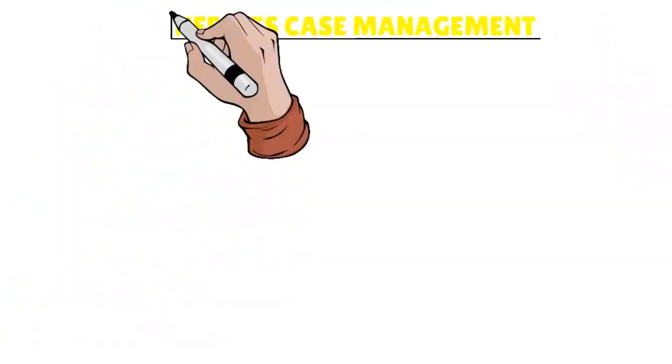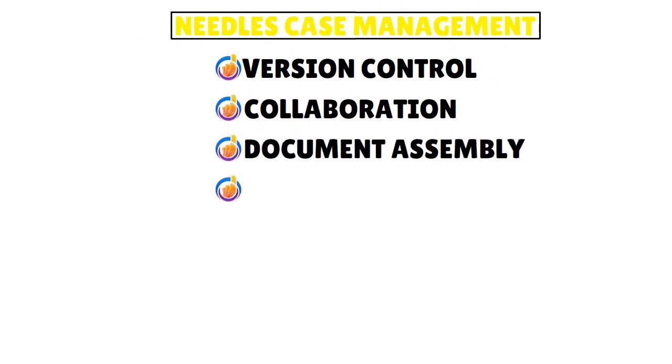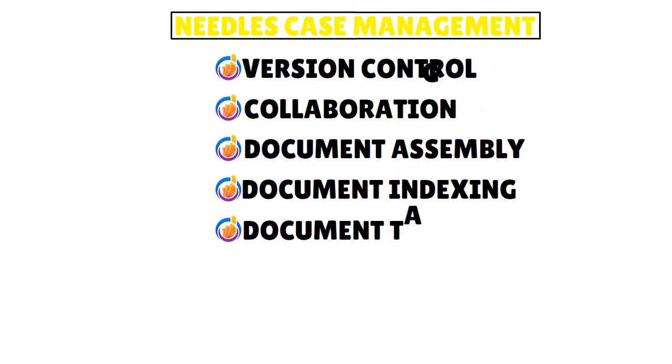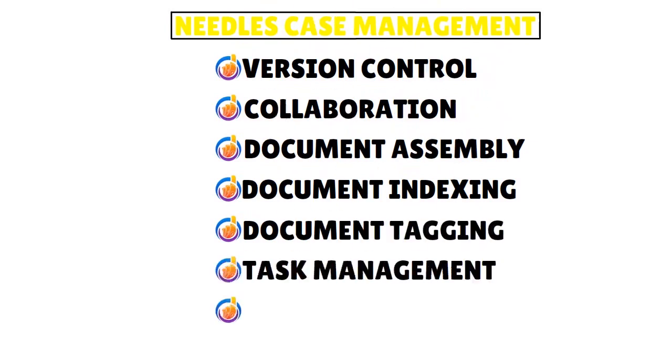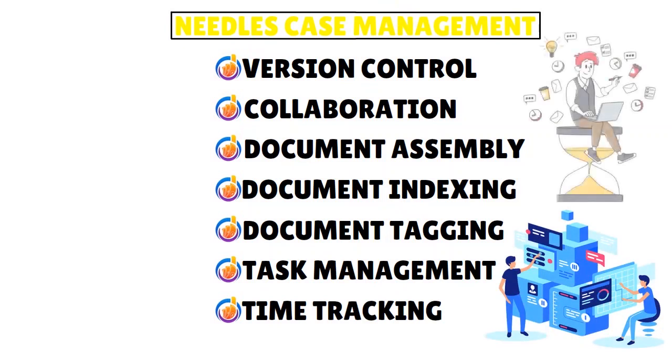When you think about Needles case management, you got to think about version control, collaboration, document assembly, document indexing, document tagging, task management, and time tracking. Okay, it's really important to understand that when it comes to features, they're pretty much the same, right? But the thing is that Needles case management seems to have a more robust ecosystem of primary and secondary features when compared to Filevine.